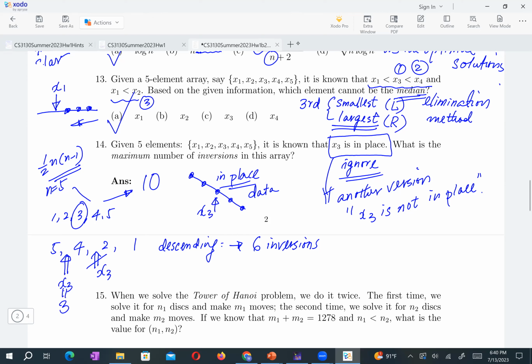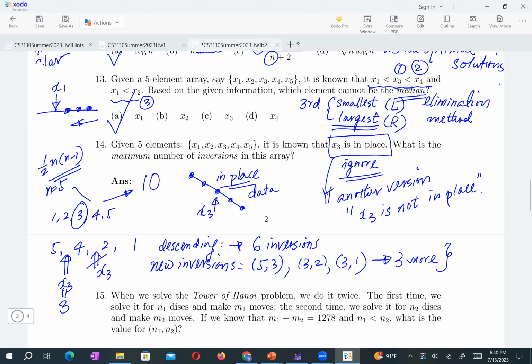How many new inversions? 5, 3, is that an inversion? 3, 2, is that an inversion? 3, 1, is it another inversion? So 3 more, right?